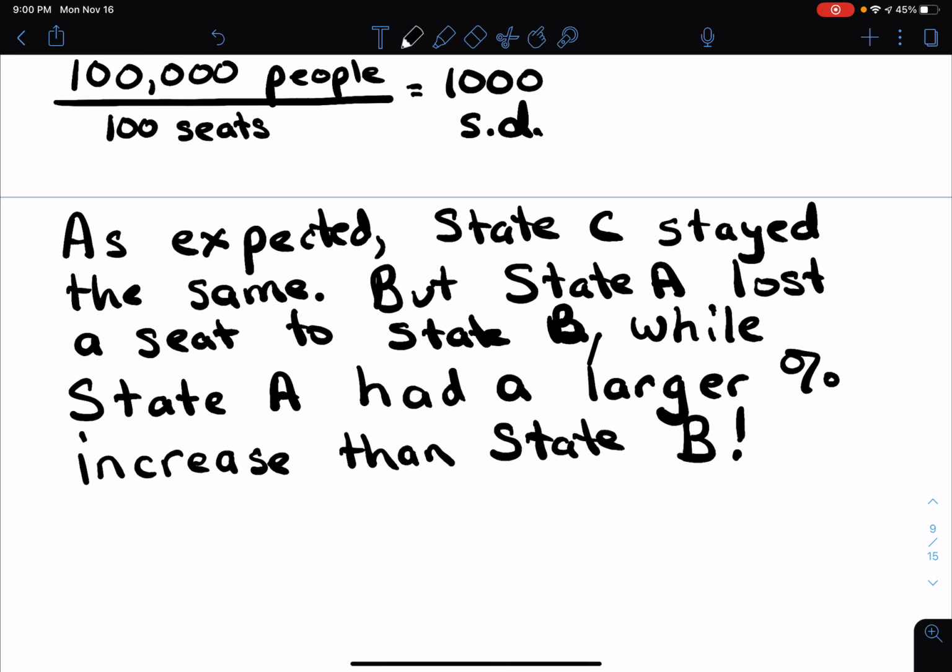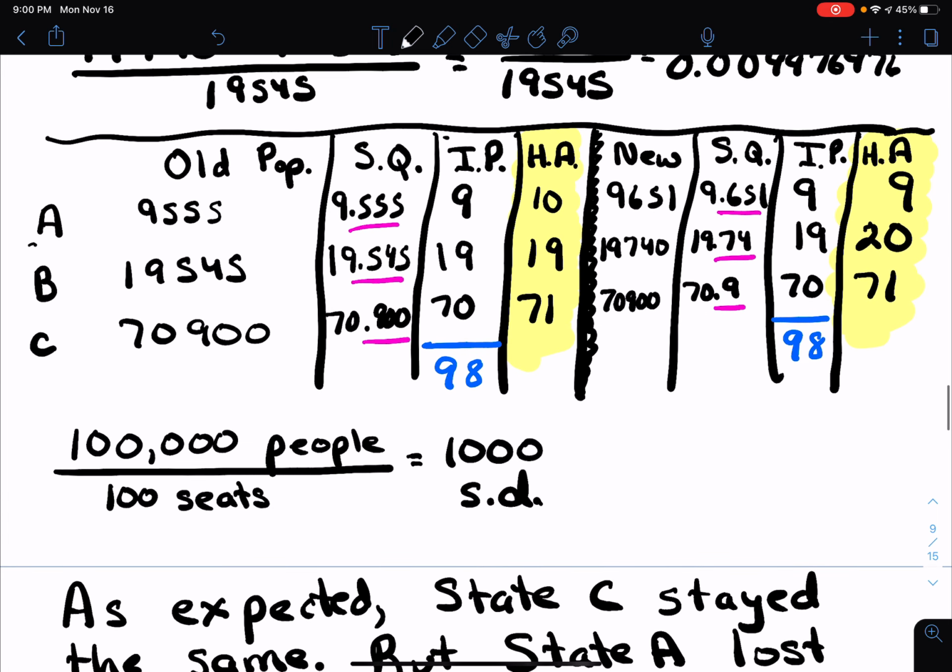Albeit small, State A's rate of growth is still greater than State B's. State A should not have lost a seat to State B. I mean, if they had both just stayed the same, that would be okay. Like if State A had kept 10 and State B had kept 19, nobody would have complained. But it's the fact that State A is growing faster than B, but yet lost to B. That's your population paradox.